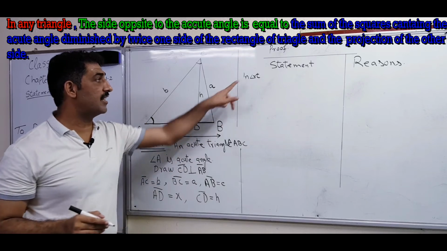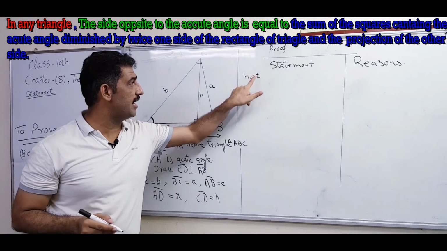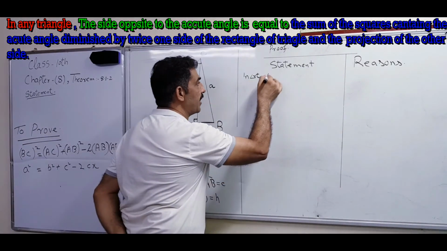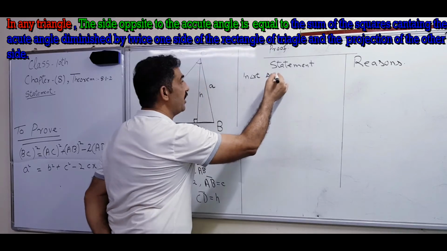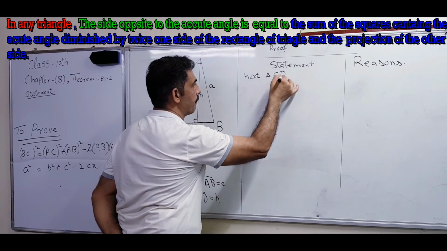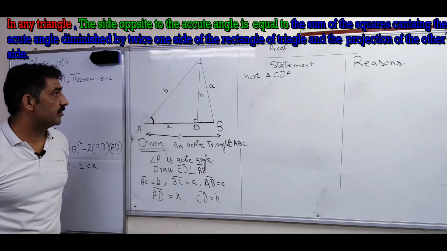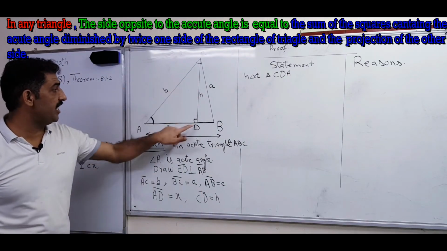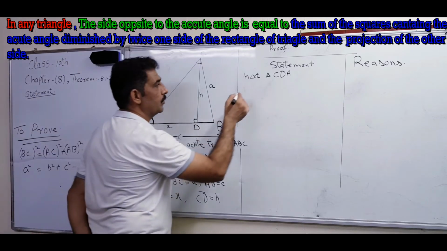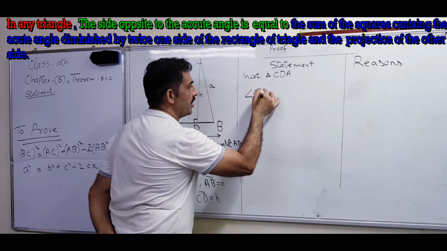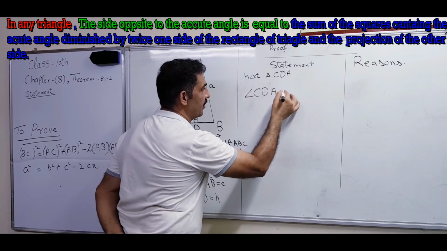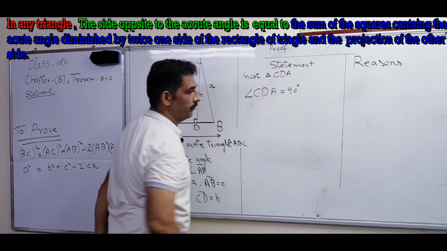It shows the right angle because of the sign of notation of the angle, and here the right angle triangle CDA. In CDA, angle CDA is 90 degrees.